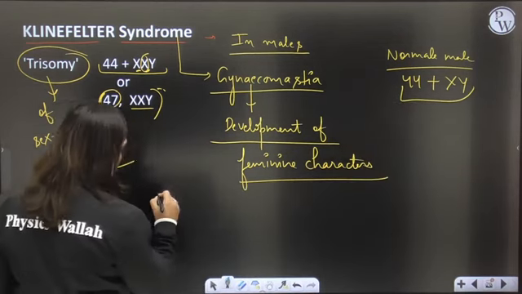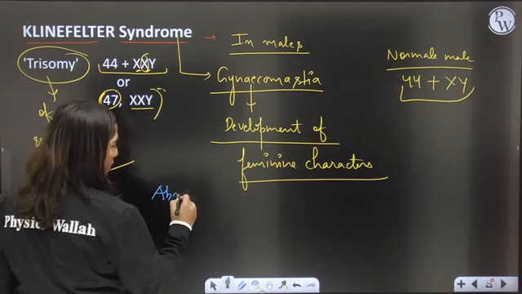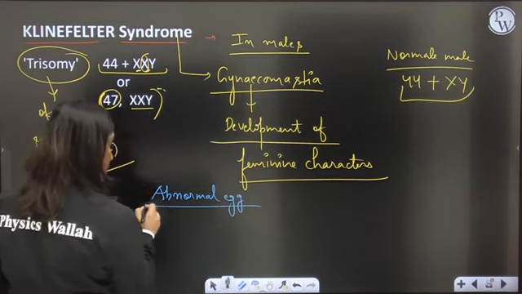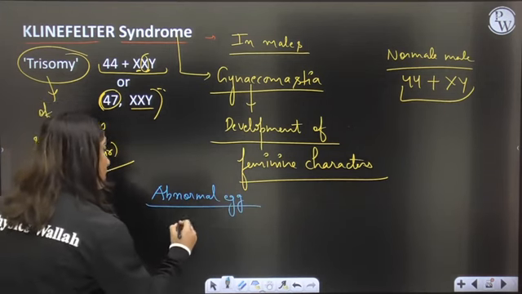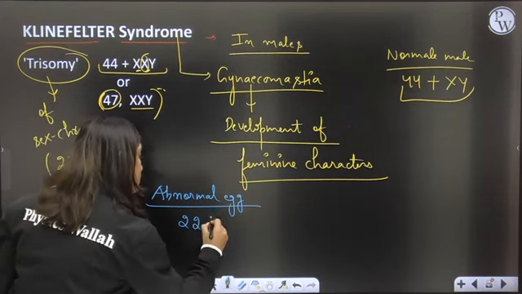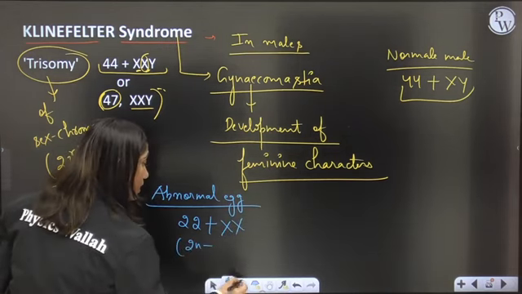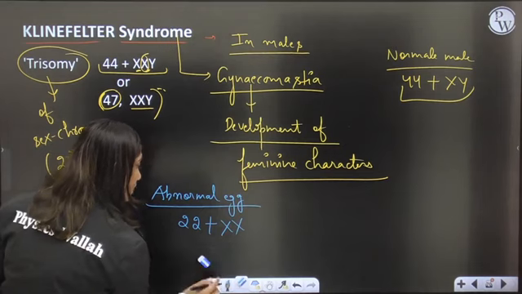First, either the abnormal egg was there. Abnormal egg would be 22 plus XX, that represents the n plus 1 condition.